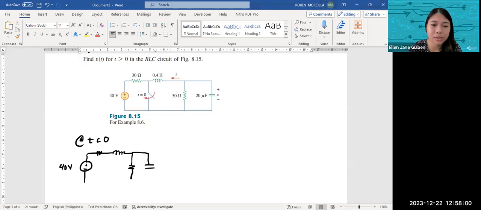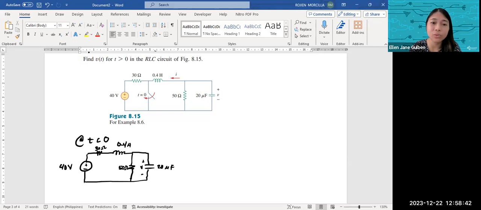Then we have a capacitor, fifty ohm, 0.4 Henry, 30 ohm. So we have here a non-series, non-parallel RLC circuit with a 40 volt supply at time less than 0.